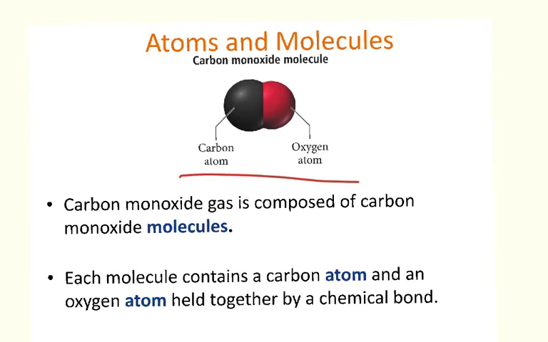One thing that's important to me that you leave this class with is this understanding that we think about atoms and molecules in two different ways. One way is at the particulate, so really small, molecular representation way, and then also in this macroscopic way.